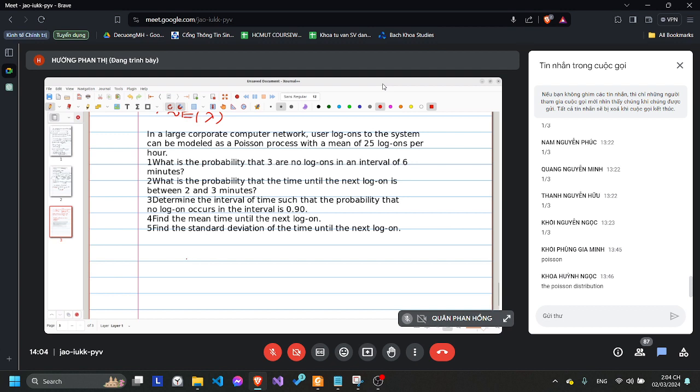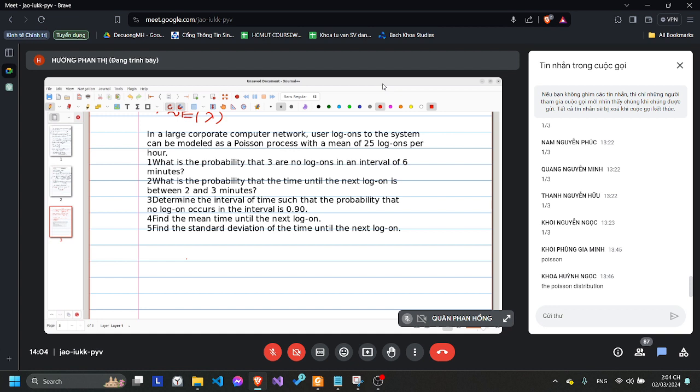So, in a large corporate computer network, user log-ons to the system can be modeled as a Poisson process with a mean of 25 log-ons per hour. This means that on average, for 1 hour, there are 25 log-ons.